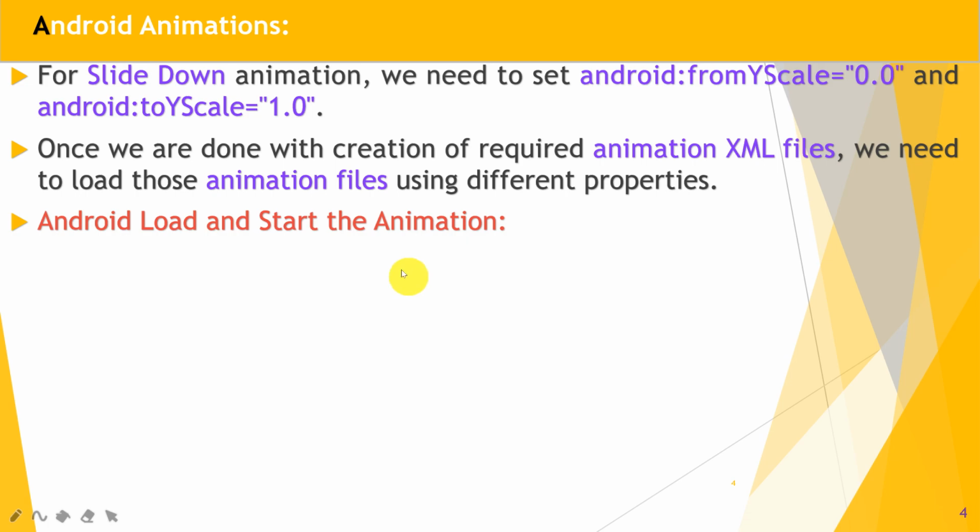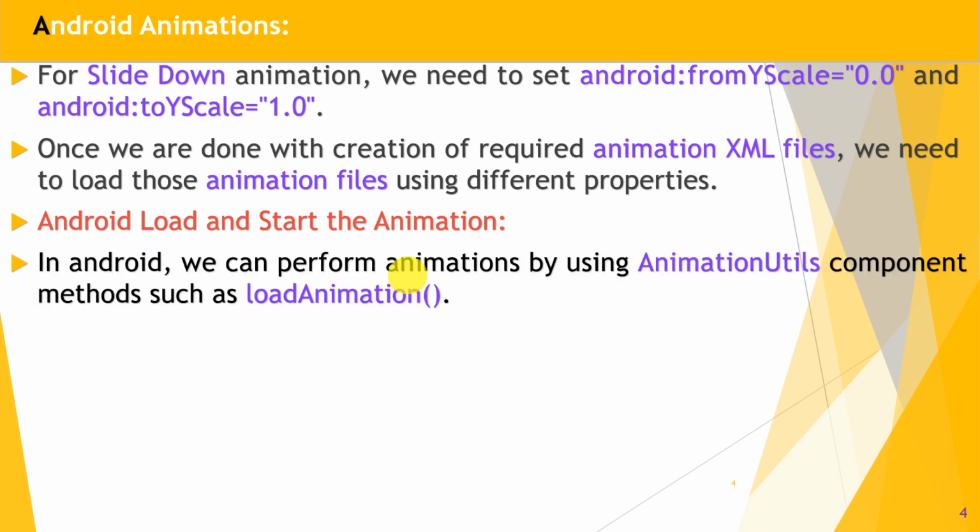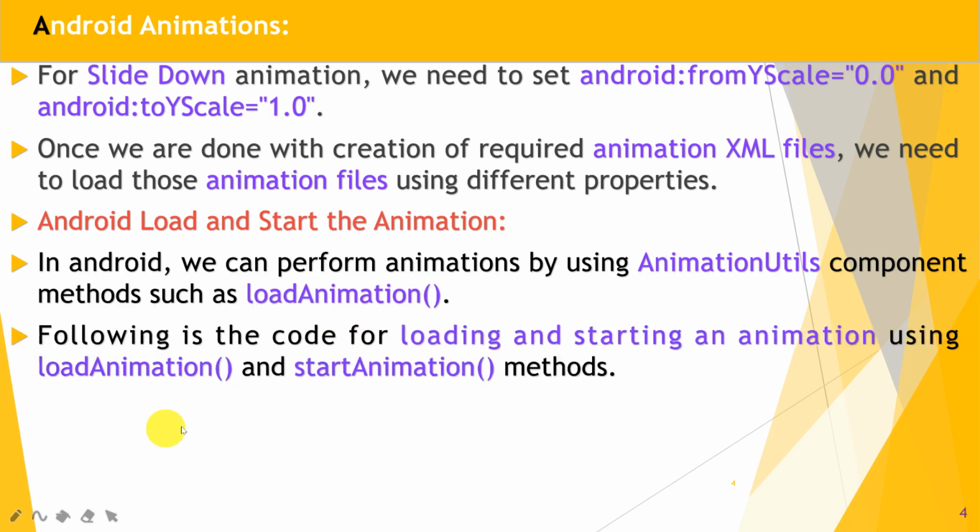In the MainActivity.java file, we have to use this code. In Android, we perform animations by using AnimationUtils class methods such as loadAnimation. Following is the code for loading and starting the animation using the loadAnimation method and startAnimation method.